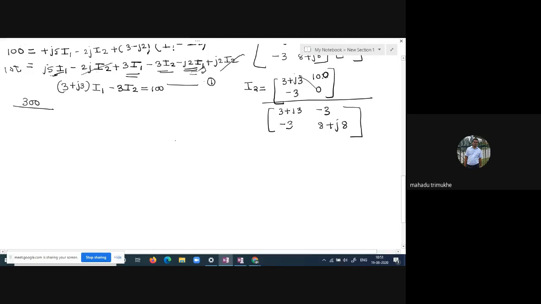Then you have to solve this del. Just multiply with this. Now tell me what is the denominator. So it is simple.